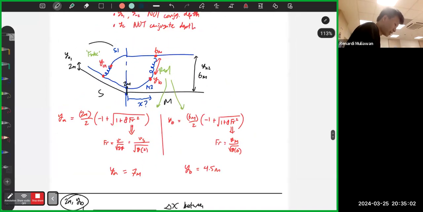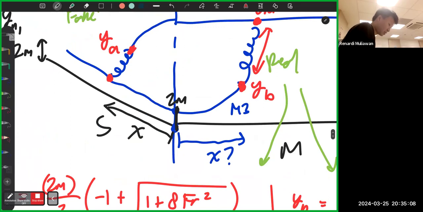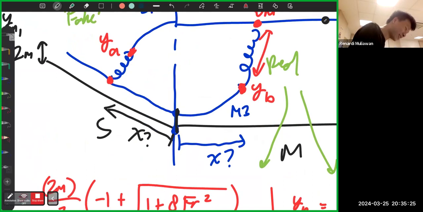So what happens if the case is the steep slope? Then you're finding this x. If it happens at a steep slope, then you're finding this x. So you need 2 meters and YA. Sorry, it's not 2 meters.